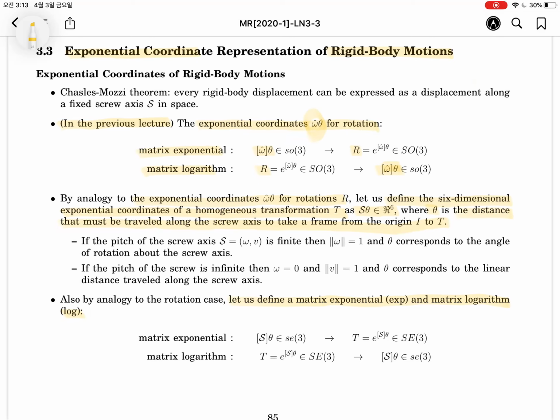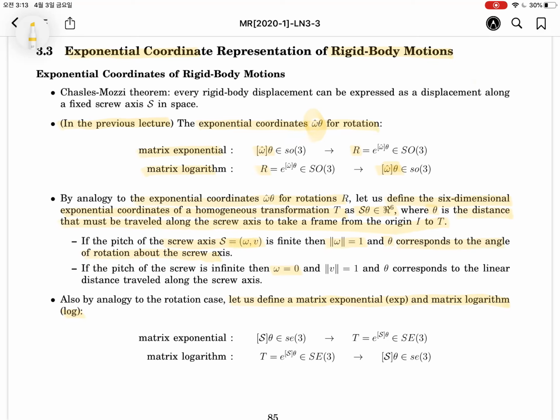For non-zero omega, if your rigid body has rotational motion, then the screw axis will have unit magnitude of rotational motion, and theta corresponds to the angle of rotation about the screw axis. On the other hand, if we have pure translational motion, then omega will be 0.